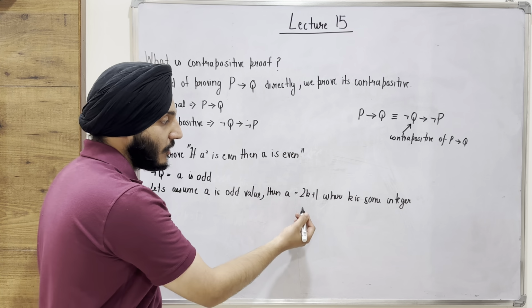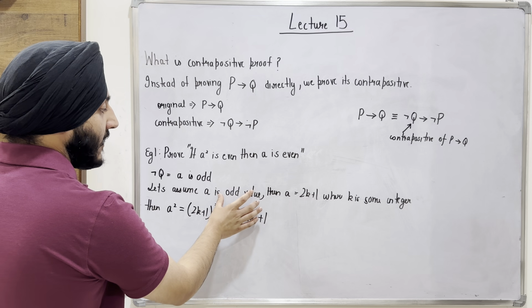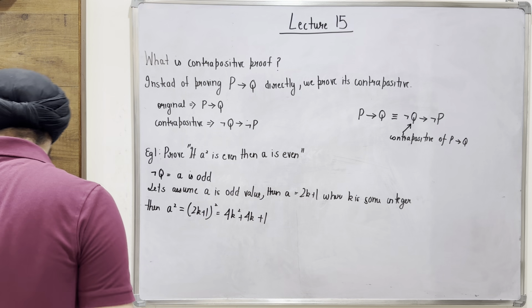So A square is going to be 2k plus 1 square, which is equal to 4k square plus 4k plus 1, right? I can also say A is an odd value, or I can say A is not even, right?